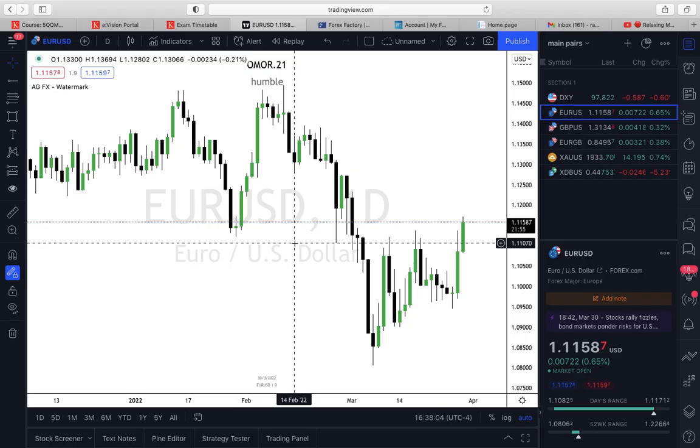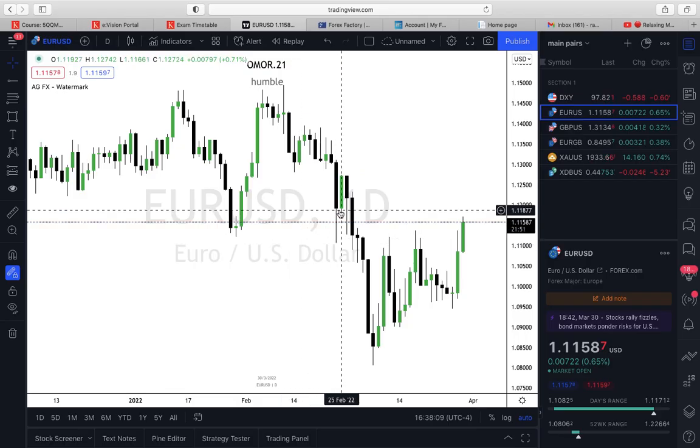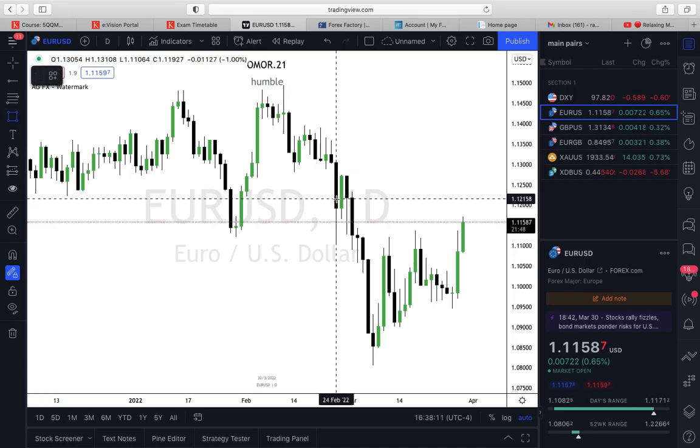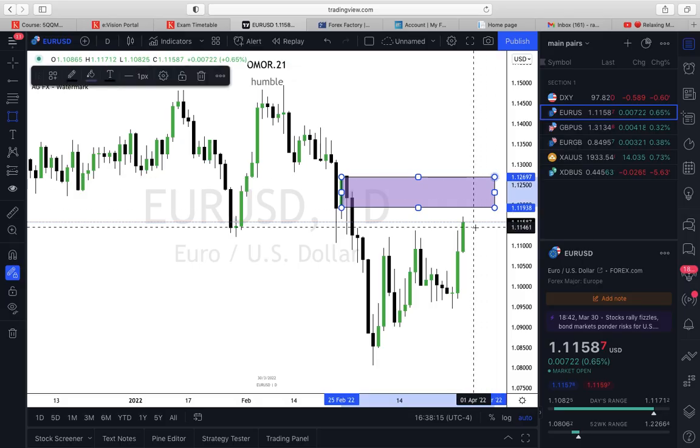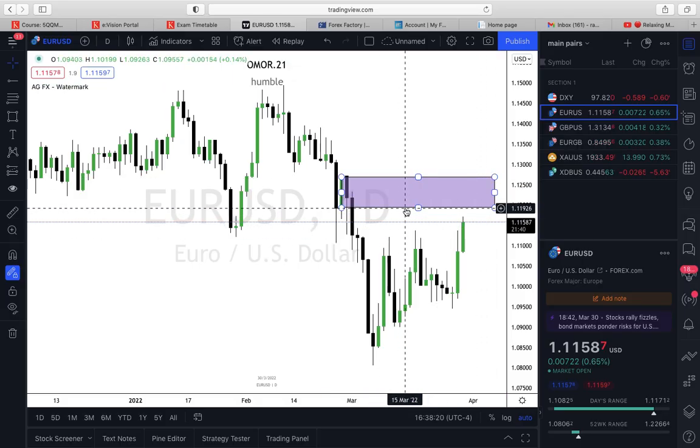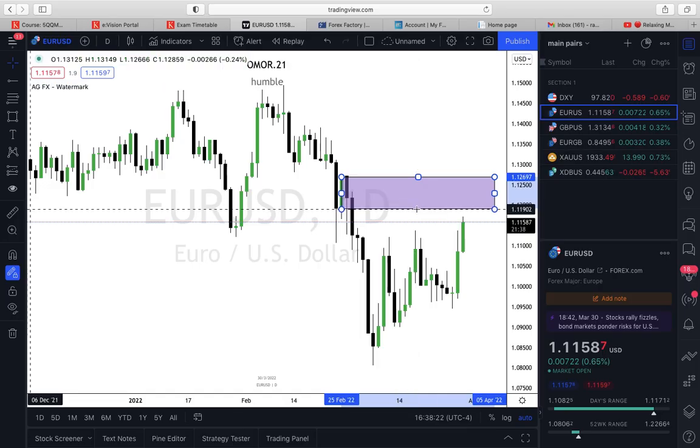All these breaker blocks, mitigation blocks, order blocks, they all exist. However, the order blocks, like for example this candle, on the higher time frames are not entry techniques, because there's no way you're entering on a daily. Can you imagine entering on a daily?